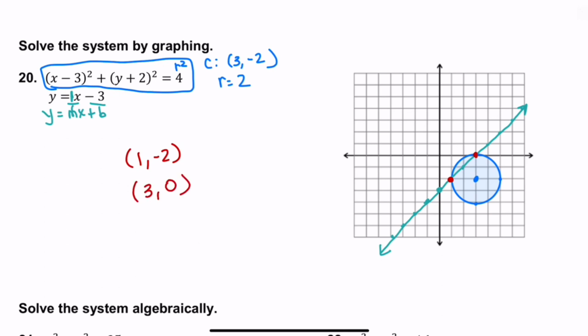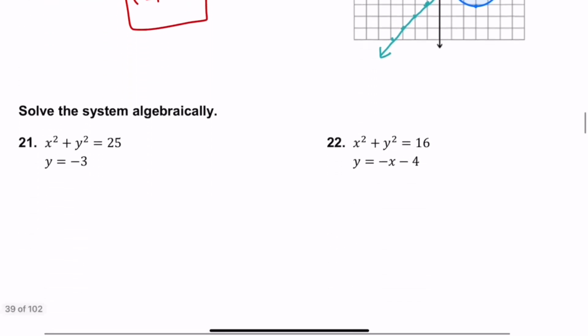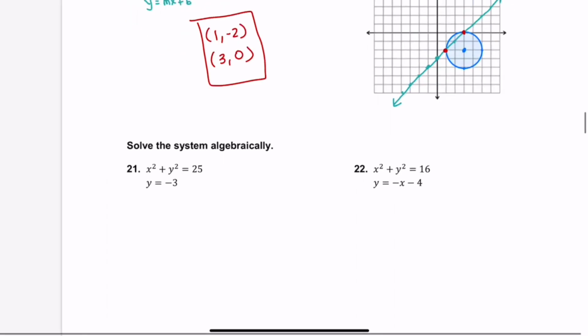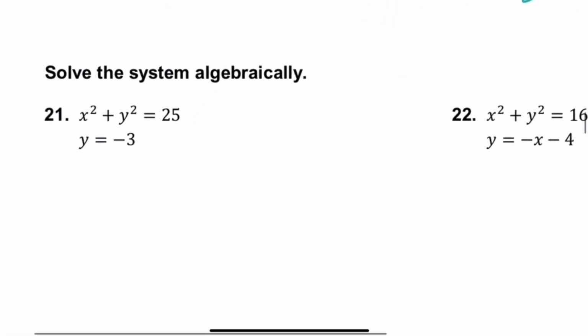So when you have a system, you're looking for where these two graphs intersect. So these would be the 2 points. When we're looking for answers for systems, we're looking for points on a graph. Now, with algebra, sometimes it's hard to tell exactly where things are crossing. So algebra always works a little bit better for solving systems.